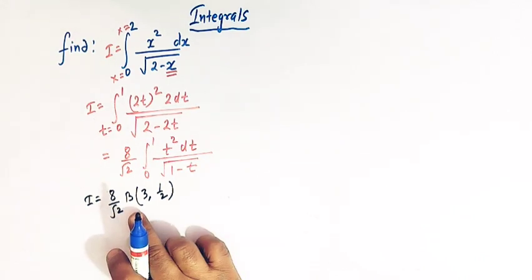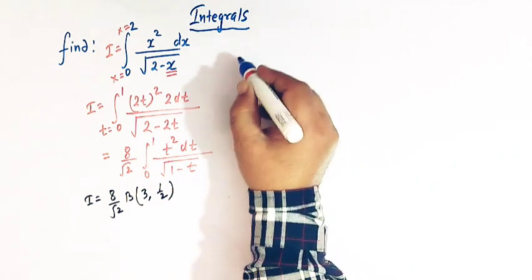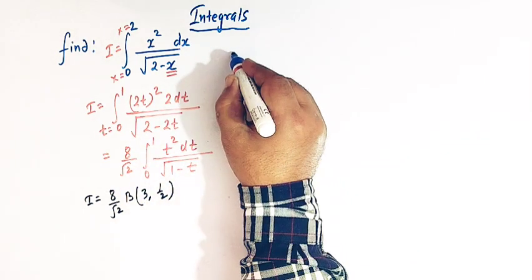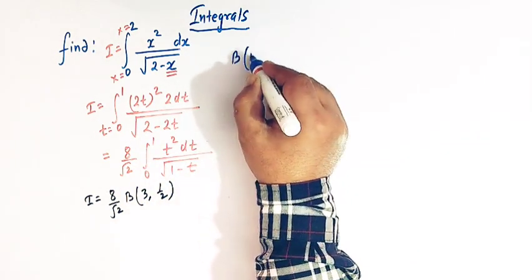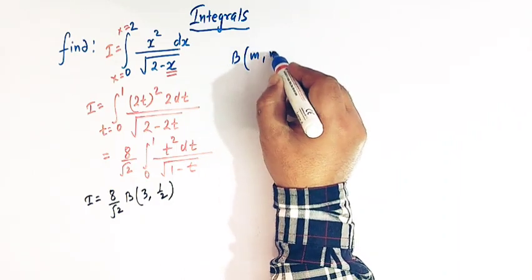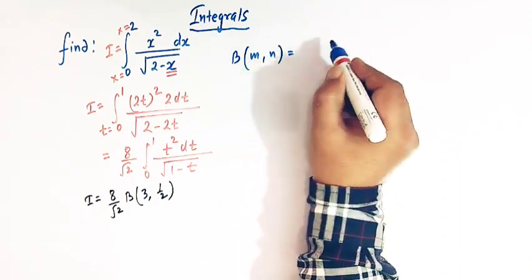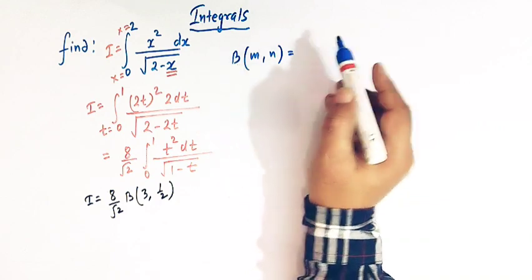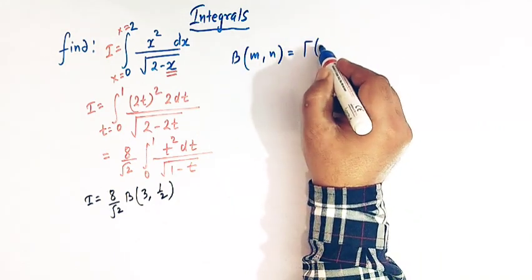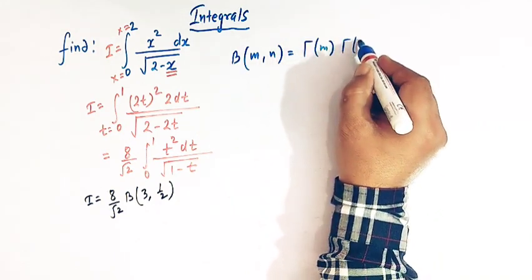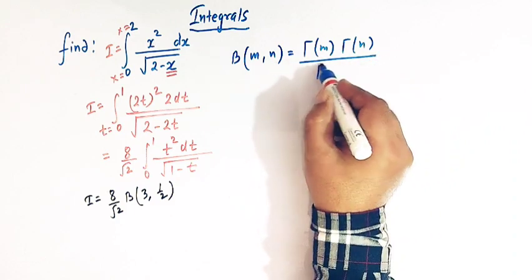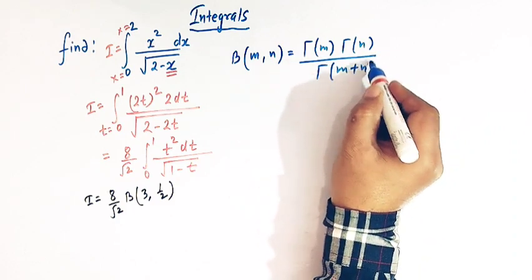So now, in order to get the value of beta 3 comma half, we'll make use of this result. The relation between the beta function and the gamma function is beta m n equals gamma m gamma n divided by gamma of m plus n, right?